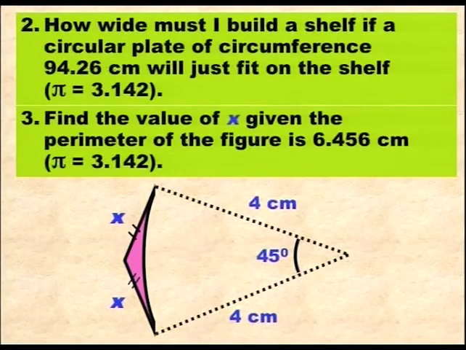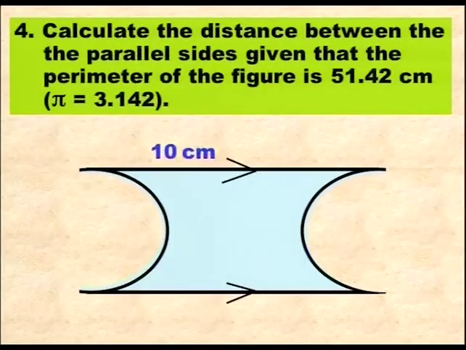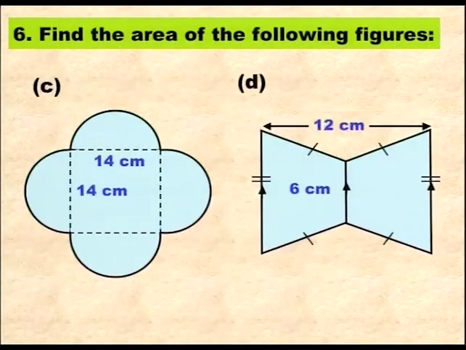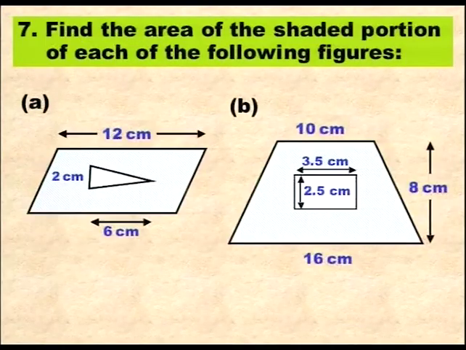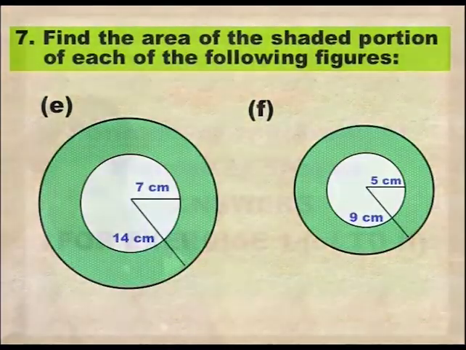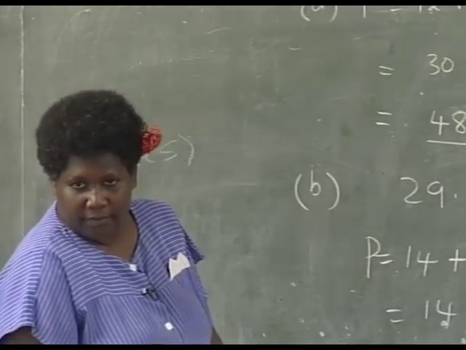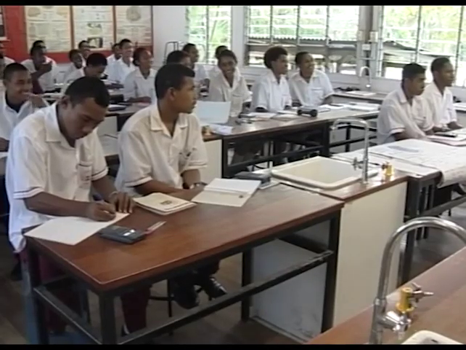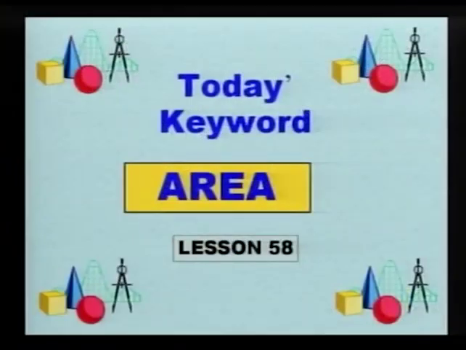It's only asking for the shaded region. Then number 4, 5, 6, 7, number 6, C and D, 7, A, B, C, D, E, and F. Okay? The keyword is area.